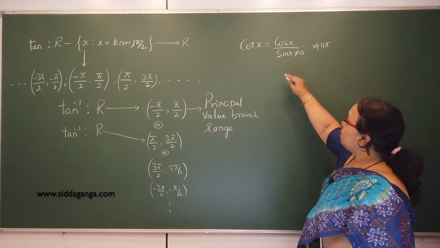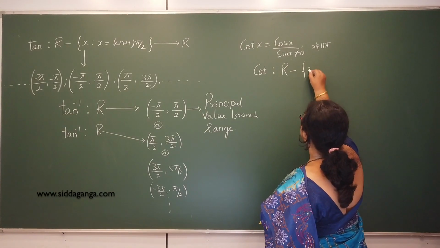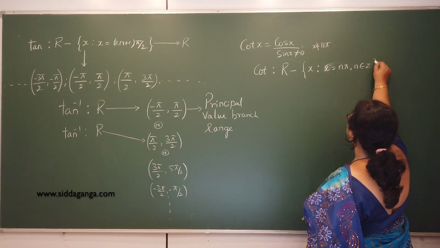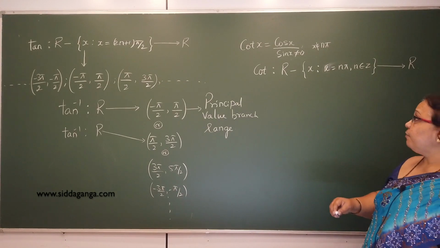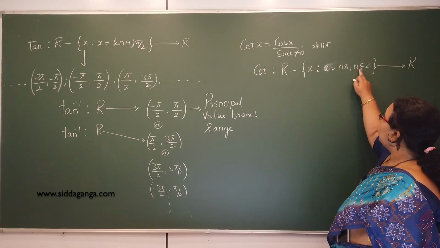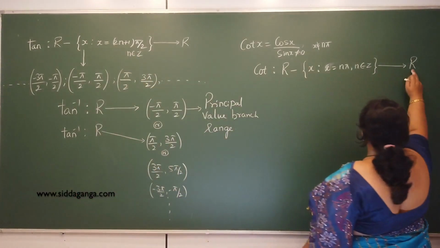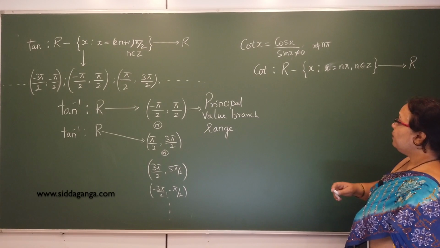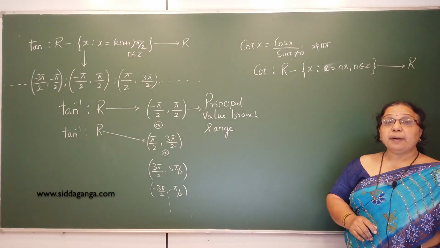So the cot x function is defined except for integral multiples of pi. Therefore the cot function is a mapping from the set of real numbers except n pi, where n is an integer, to R. That is, the range is R. Similarly, if we consider the actual domain of the cot function, it doesn't become a bijective function.